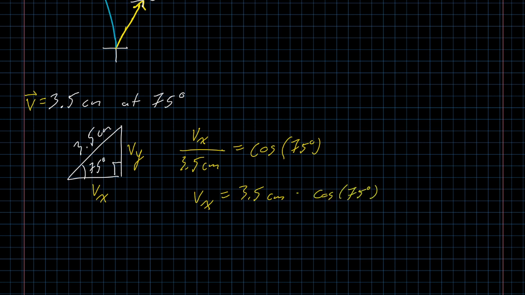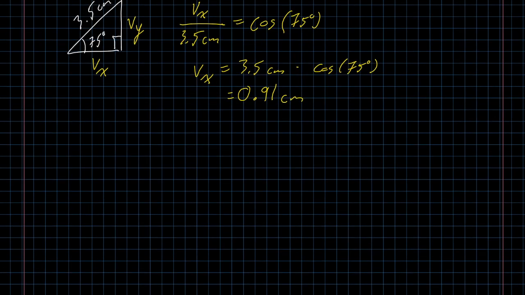My calculator is very happy to tell me that 3.5 times the cosine of 75 is 0. I guess I'll round that to 0.91. And I'm running a little bit low on space. I can just scroll this down a little bit.